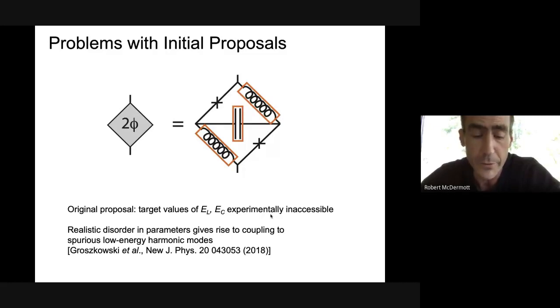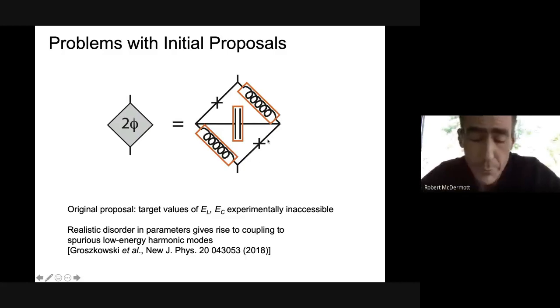So this idea has been around since the early 2000s, and the initial proposals for implementing this type of qubit, described for example in this paper from Brooks, Kitaev, and Preskill, look great on paper, but when you look at the parameters you would need to implement such a device, as an experimenter, you see that this is going to be exceedingly difficult, because this initial proposal for a frustrated plaquette of this form required extremely low E_L for these superinductors, very large cross capacitance here, and experimentally it is very difficult to achieve the large cross capacitance that you need, and simultaneously have very small junction capacitances for the junctions in this plaquette.